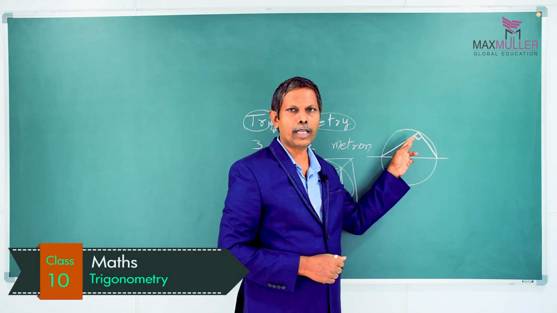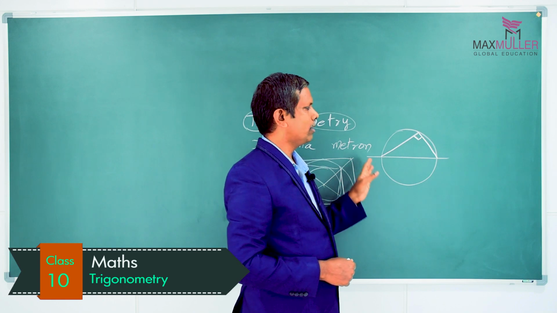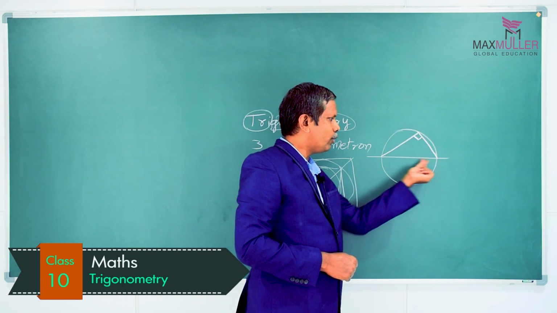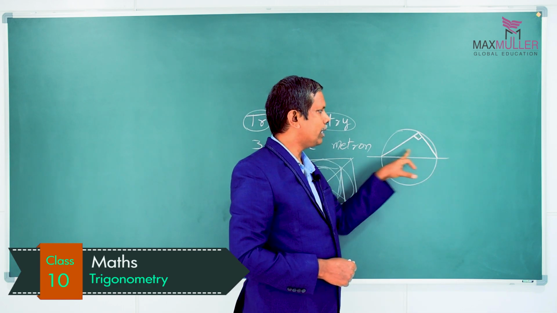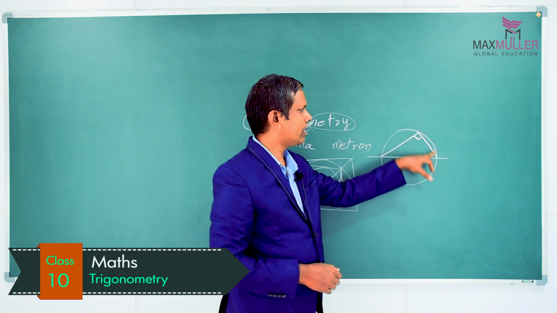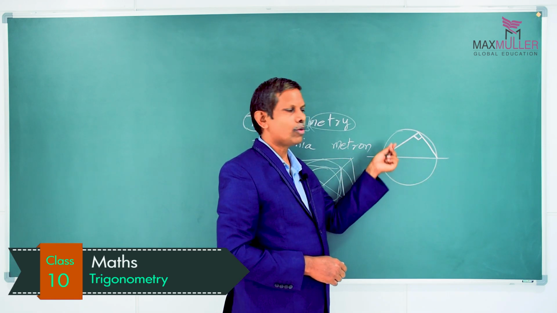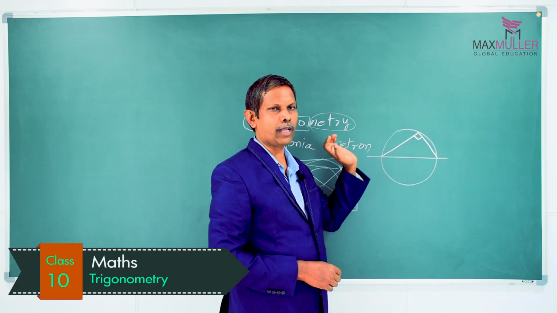Generally in trigonometry we use only right angle triangles. So first of all they used the half circle, that means the semicircle. If we draw any triangle in this semicircle, you will get right angle triangles.